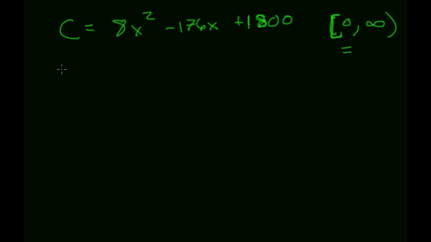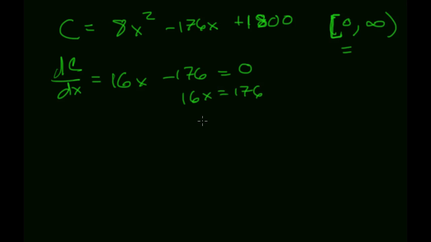It's a polynomial, so it's going to be differentiable everywhere, so I don't have points of non-differentiability, but I do need to know where the derivative, which is going to be 16x minus 176, is 0. I set that equal to 0, which gives me 16x is 176, so x is 11.